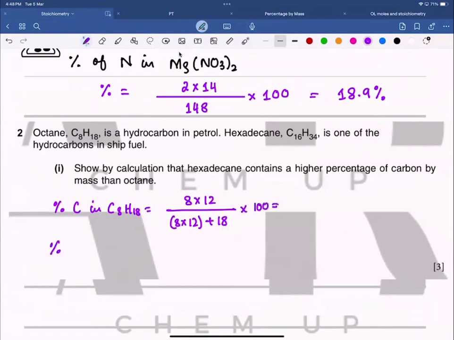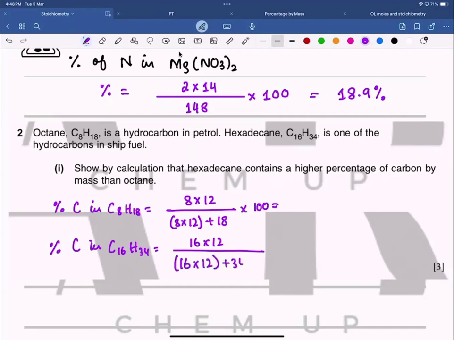In the same way we will do for carbon in C16H34. So 16 times 12 in the numerator and 16 times 12 plus 34 for the MR and times it 100.